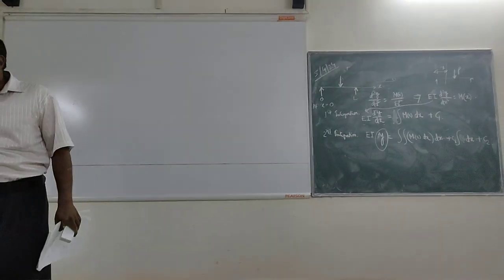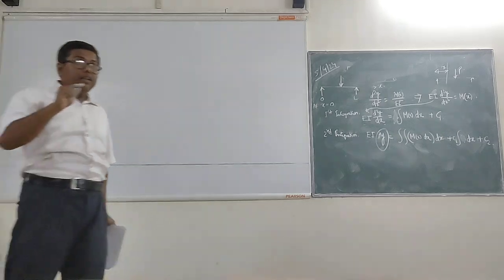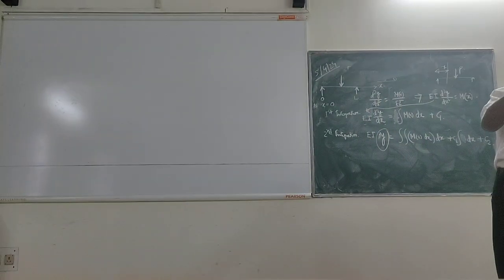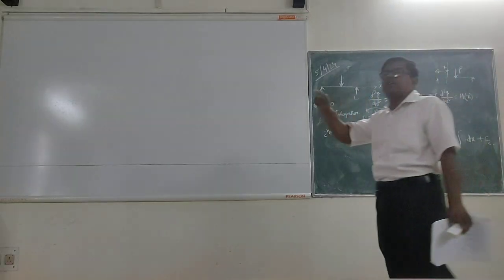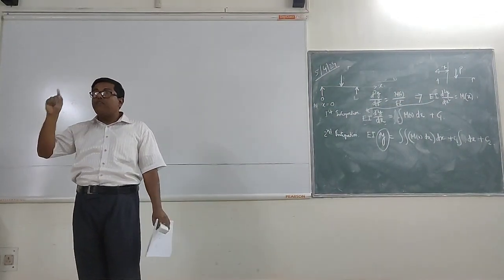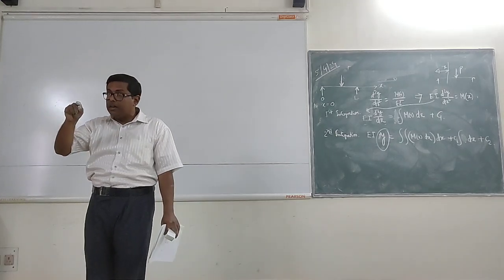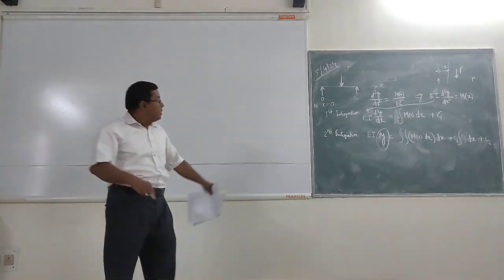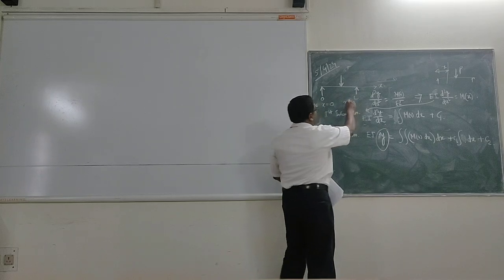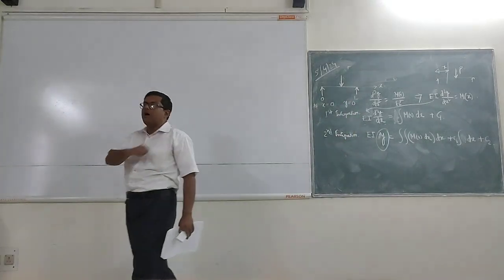Isn't it? If there is no settlement of support. If there is settlement of support, then there is deflection. But if there is no settlement of support, which is the general case we are assuming for now, then if I apply the boundary condition for that simply supported beam, at x equal to 0, the value of y should be equal to 0. This is the boundary condition.